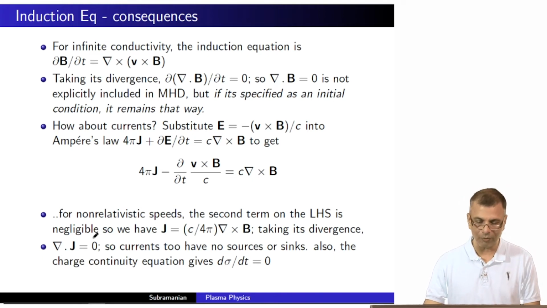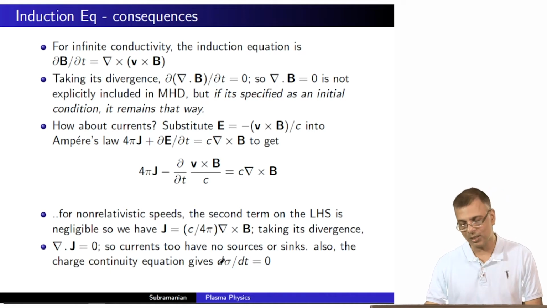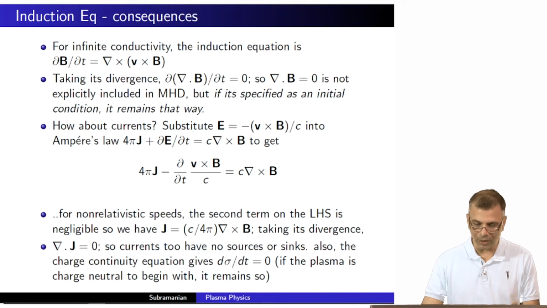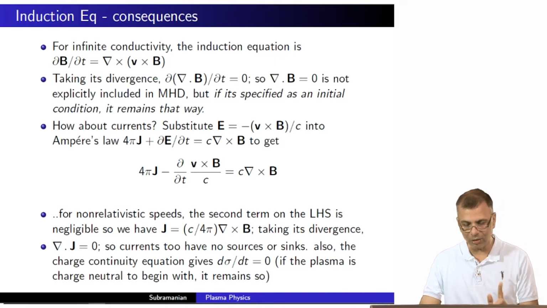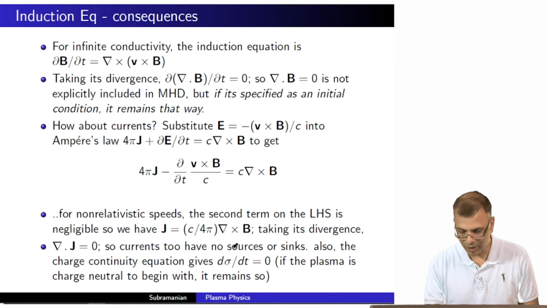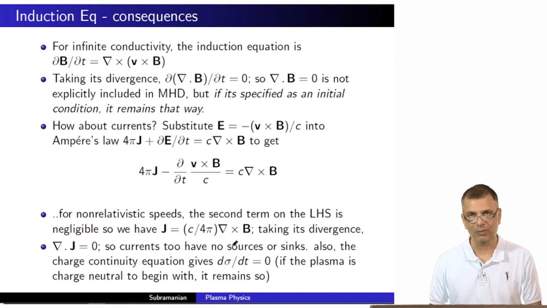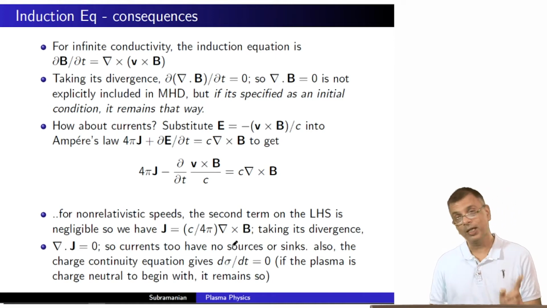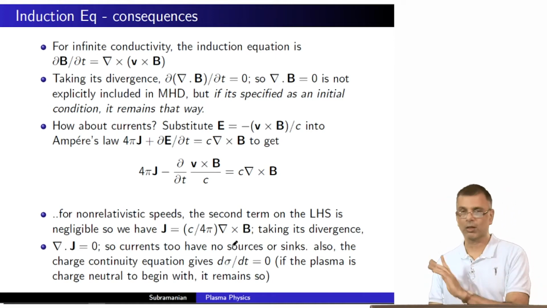Since the divergence of J is equal to 0, d sigma dt is also equal to 0, right? So in other words, if the plasma is charge neutral to begin with, sigma is the net charge density, you remember, right? So if the plasma is charge neutral to begin with, it remains that way for all time.